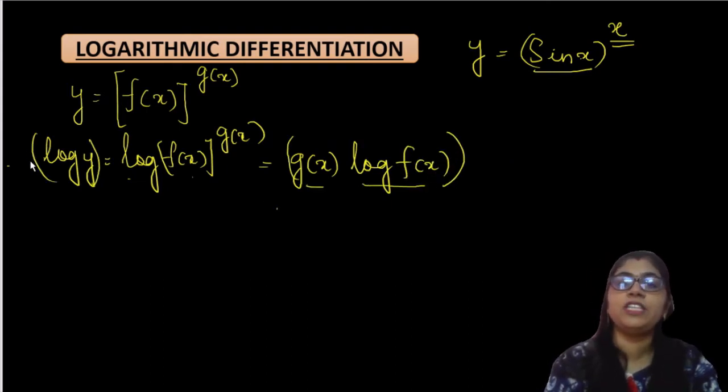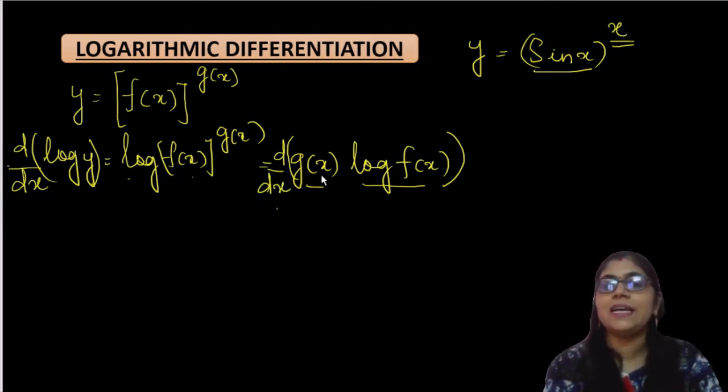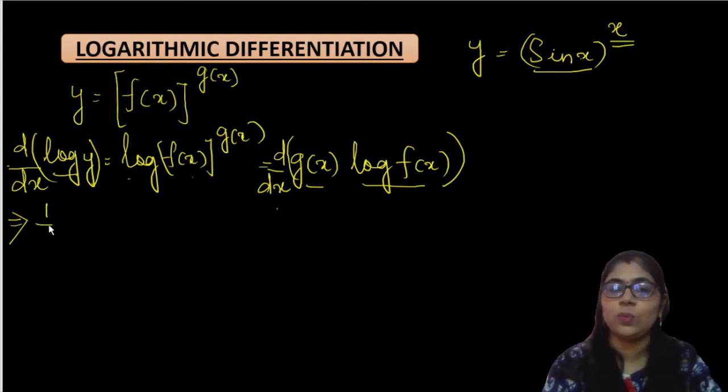Now, we'll differentiate both the sides with respect to x. So, d/dx of log y equals d/dx of g(x) into log f(x). So, here we'll apply the chain rule: d log y by dy into dy/dx. So, this implies that it equals 1/y into dy/dx.